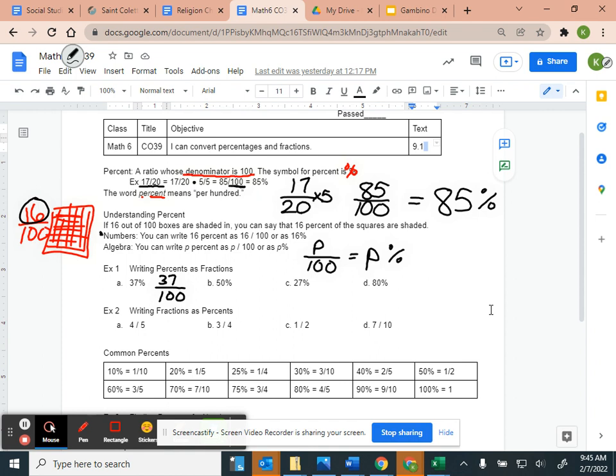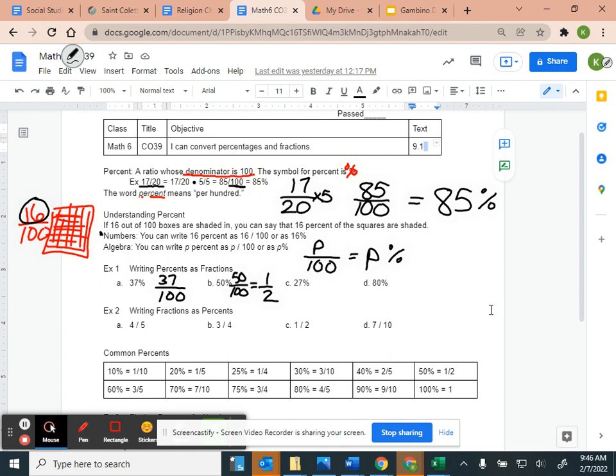What would I put for B? 50%. Brielle, how did you get to 1/2? Because it would be 50 over 100, because we always want to do 100 as our denominator.